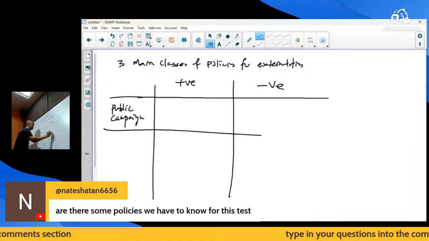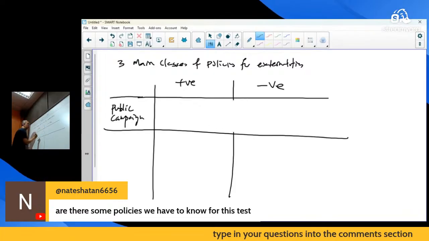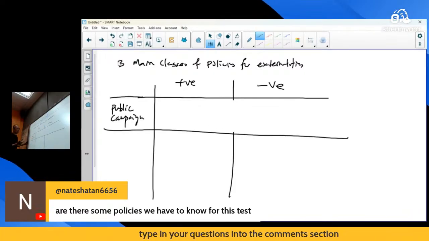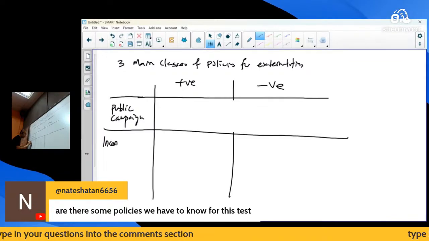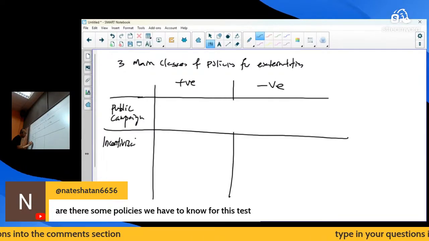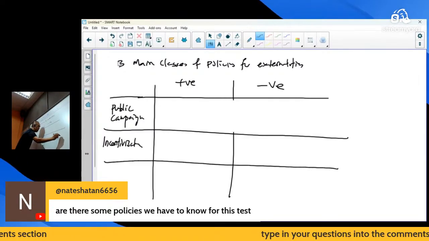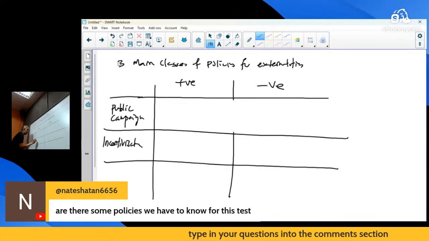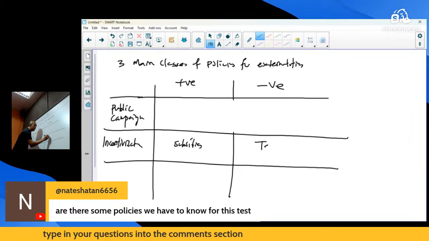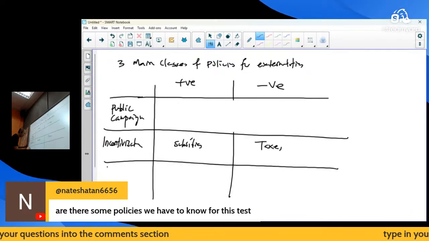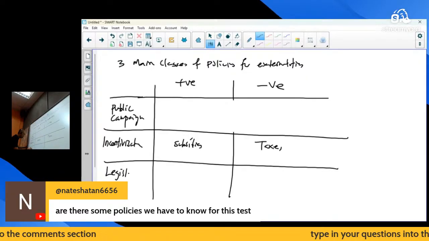Public campaigns are applicable to both positive and negative externality. Then you have incentivization. This will be using subsidies and taxes respectively, and you can have legislation.